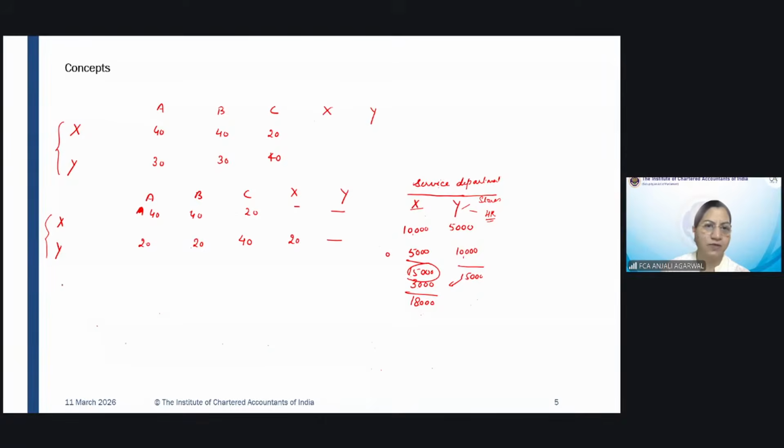The third case, which you've also pointed out in the chat window: what if the benefit of X goes to Y and the benefit of Y goes to X?